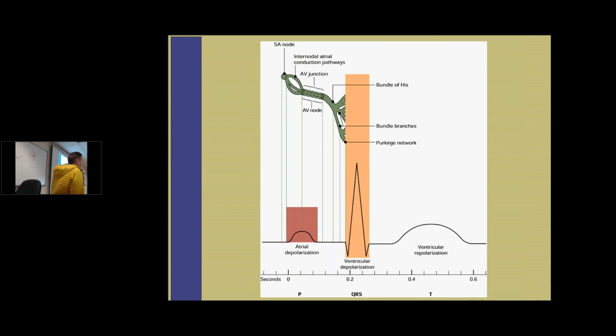That electrical stimulus is so small that you don't see the repolarization.